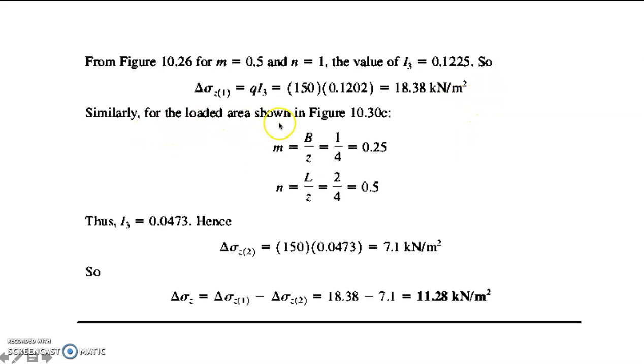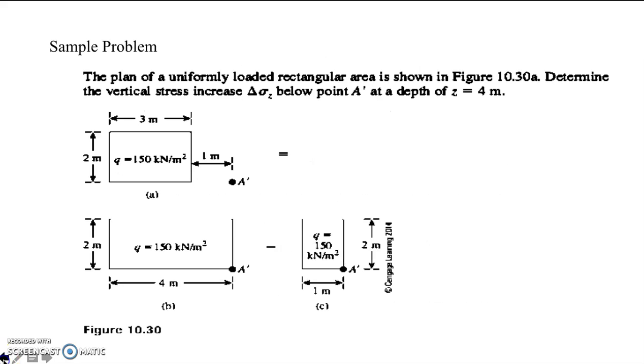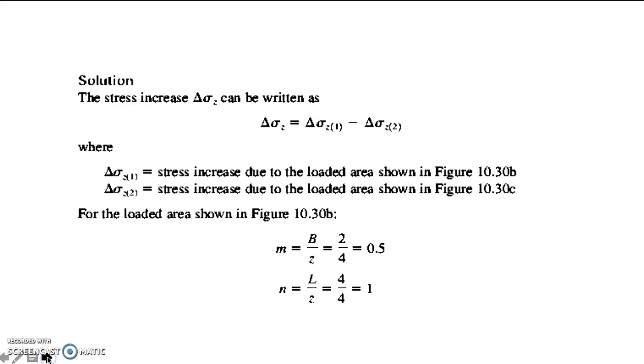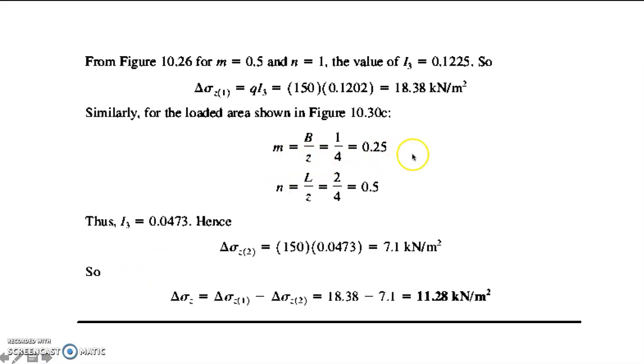So basically, from the third figure, the last figure, the figure wherein you're going to subtract, you have to identify your m and n. So this is the figure that we're talking about. So get the m and n for that, and m is 0.25 and n is equal to 0.5.